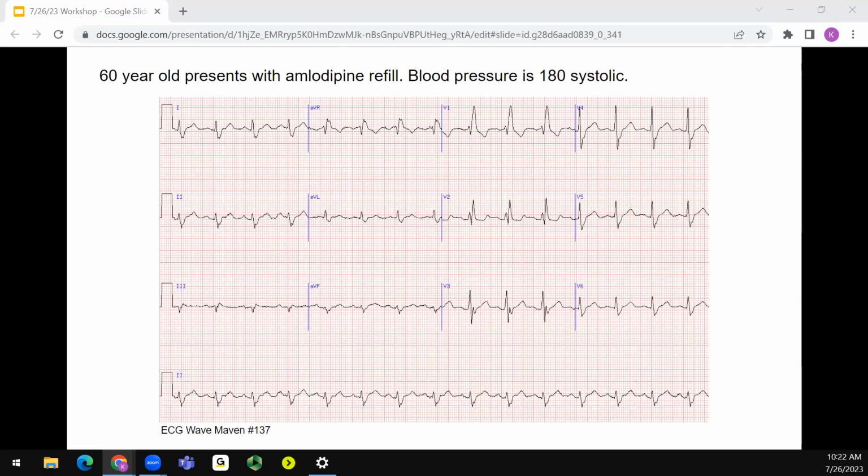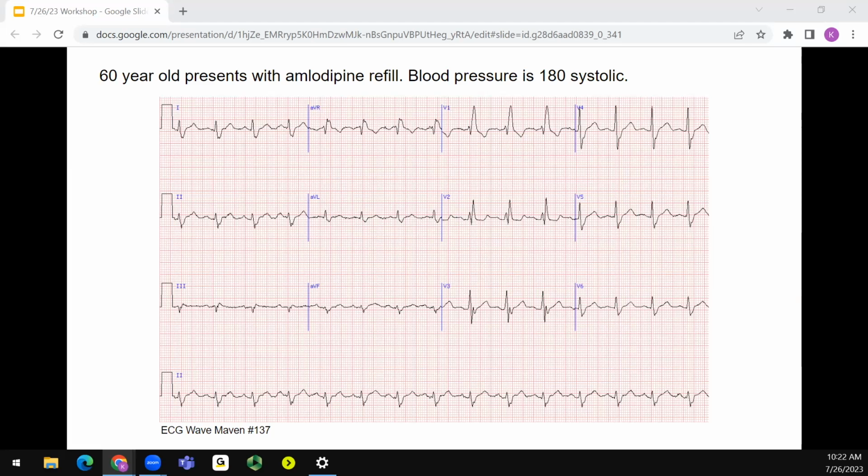Anything abnormal? Ryan says right bundle. I agree. This is a typical right bundle, sinus rhythm with right bundle.